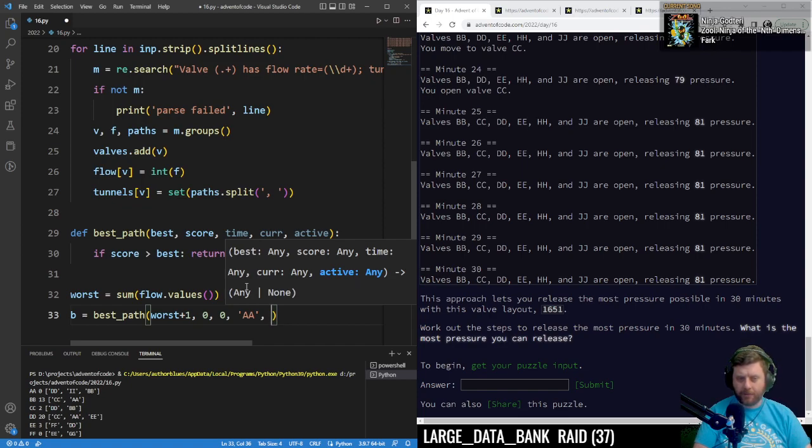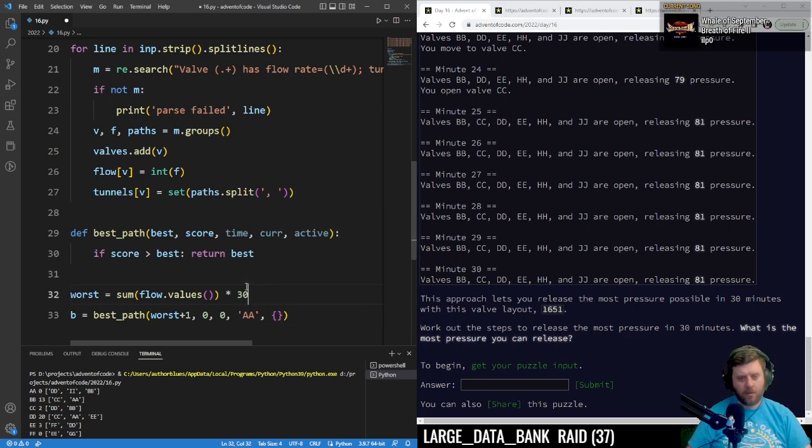And the active valves are all of them, right? Is there a way to consolidate this data down so that I'm not passing around such large data structures?